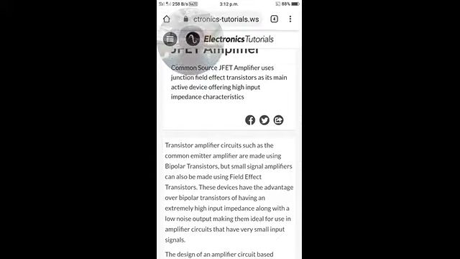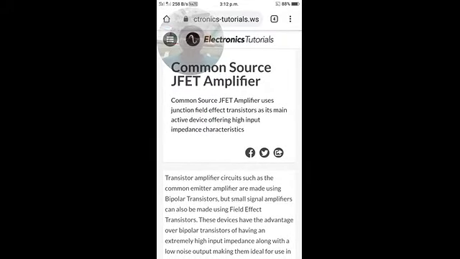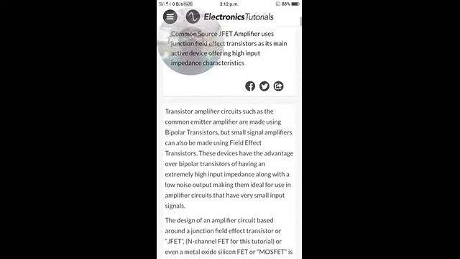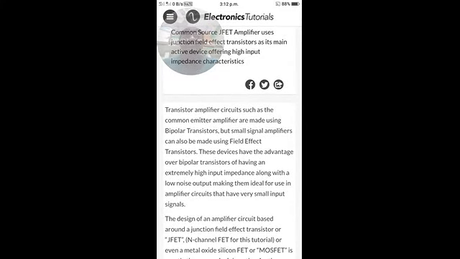The noise is also very low in the common source JFET amplifier compared with the CE amplifier. So having high input impedance and low noise, it is ideal for amplifying very small input signals. It is especially used as a low noise amplifier, LNA.